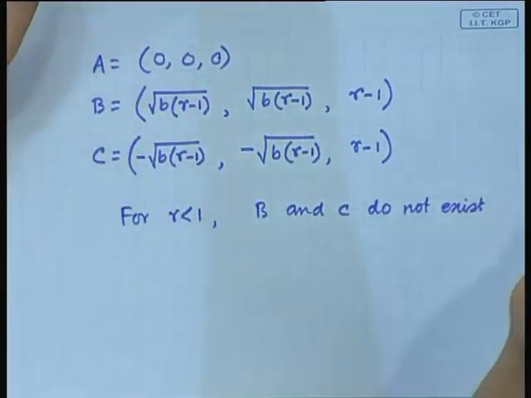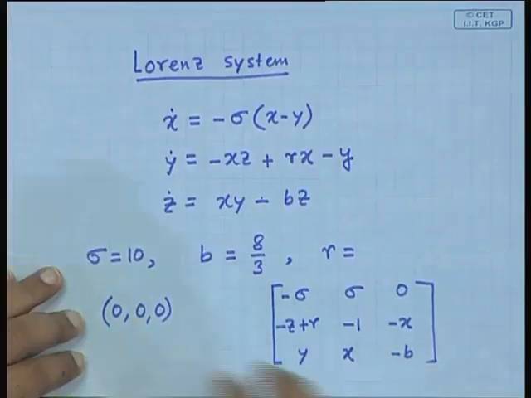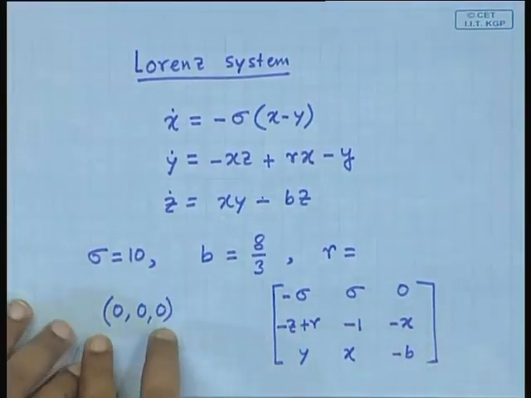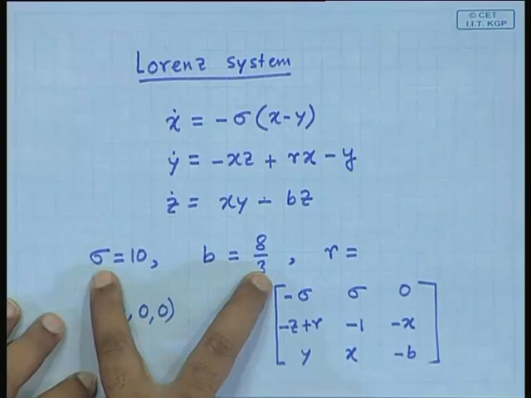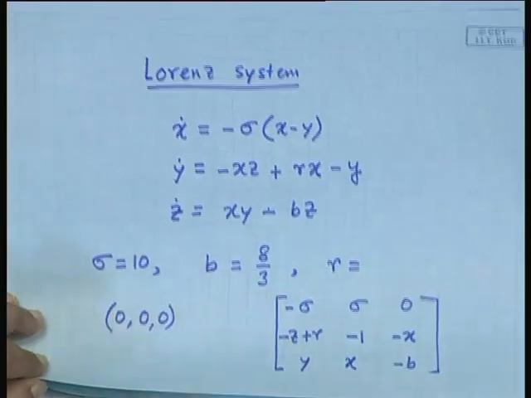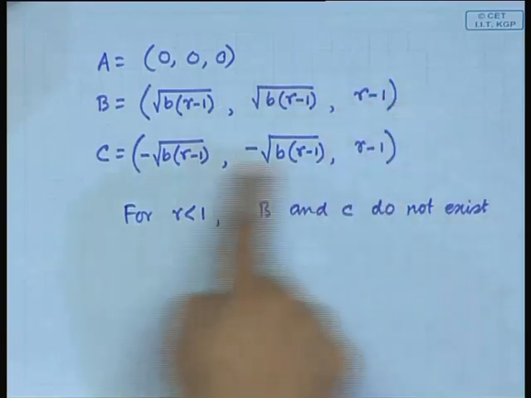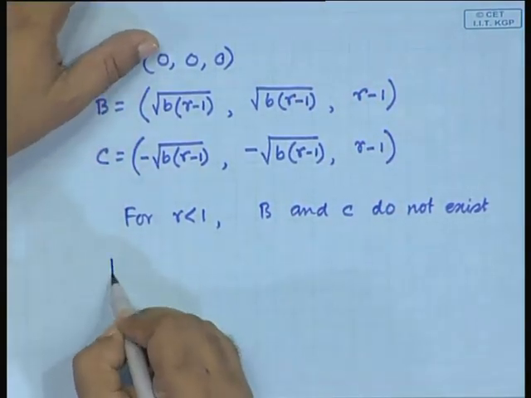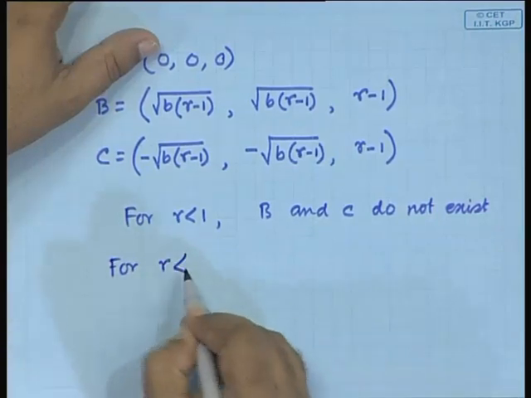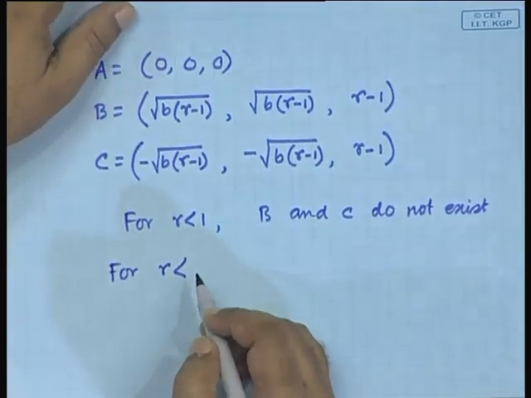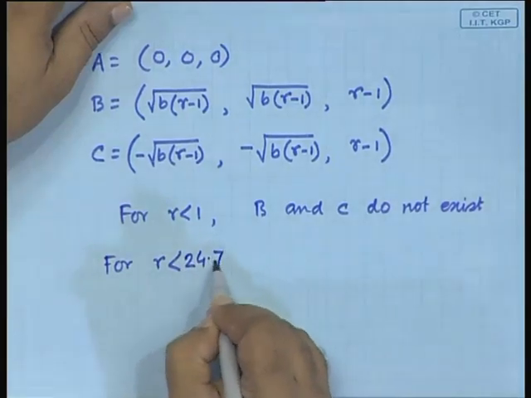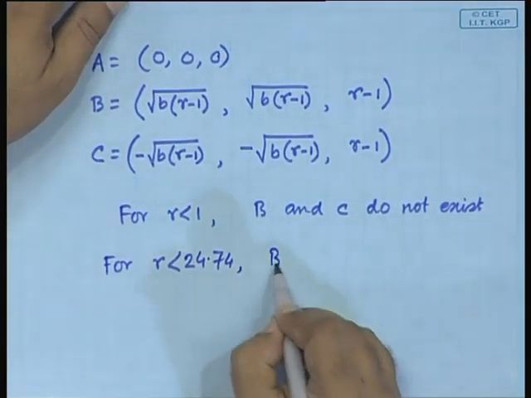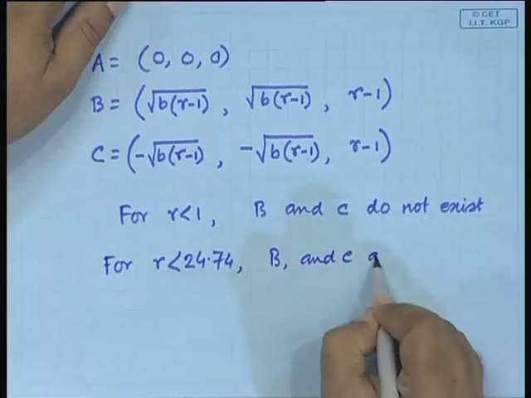Fine. The next step is to inquire whether they will be stable. How to inquire that? By looking at the Jacobian matrix and its eigenvalues. So, just substitute, we have everything, right? The position of the equilibrium points is there, the values are there, just substitute. You would find that for r less than say 24.74, B and C are stable.